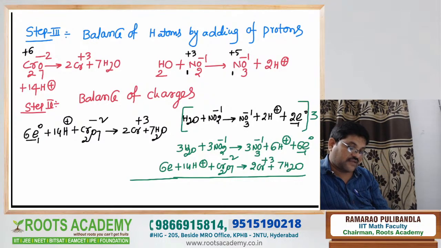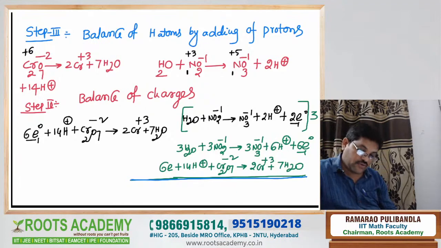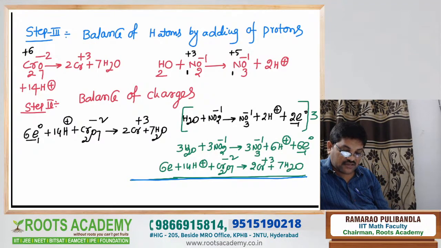When two equations are added up, 6 electrons on the product side, 6 electrons on the reactant side cancel. 6 H plus ions on the product side, 14 H plus ions. So out of the 14, 6 are subtracted, you get 8 H plus ions, right?